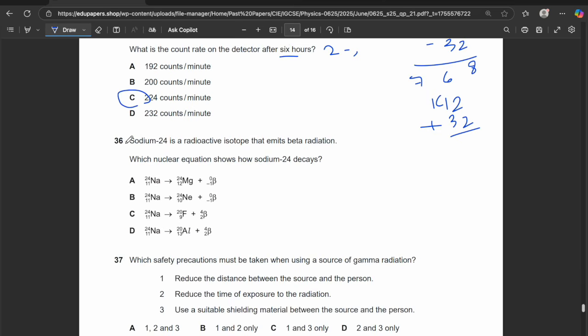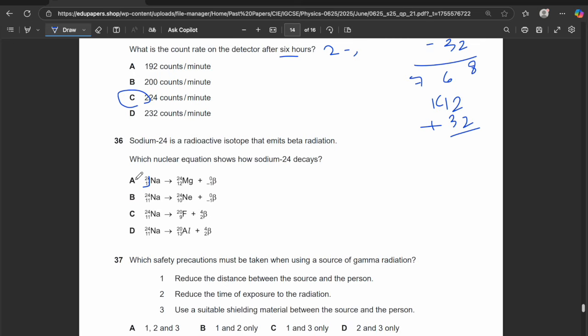36. Sodium-24 is a radioactive isotope that emits beta radiation. Which nuclear equation shows how sodium-24 decays? So beta is like an electron, which means 0 mass, and only electrons, so charge is minus 1, and you have to make sure that the numbers from the left hand side are equal to the right hand side.